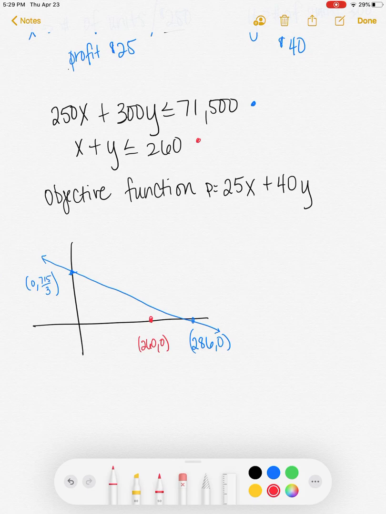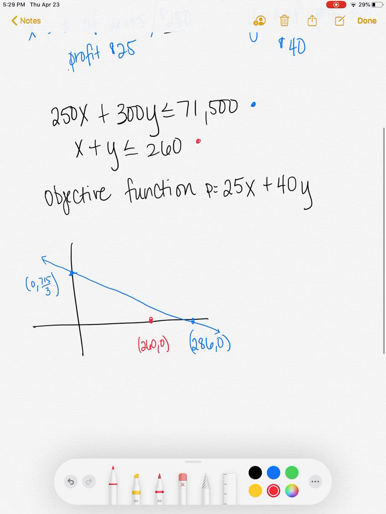And then the y-intercept, where x is 0, also happens to be 260. It's above the other intercept, since 715 over 3 is about 238. So this one is (0, 260). And let's draw a line between our two graphs.